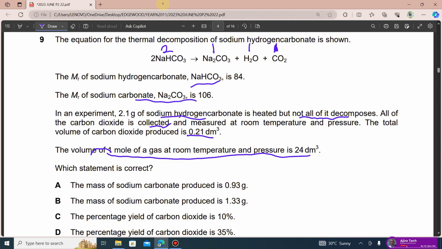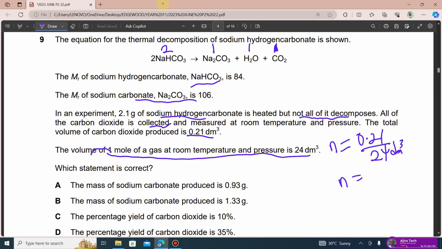So we have the volume of the gas. That means we can get the number of moles of the gas. Now remember that the number of moles for the gas is the volume, 0.21, divided by 24 dm3, because that's the formula for calculating the number of moles of a gas. It's simply the volume of the gas divided by 24 dm3, not 20.4.